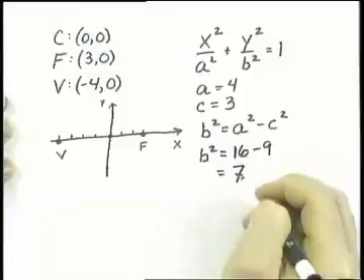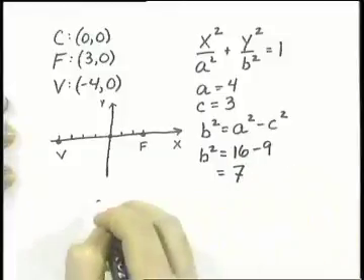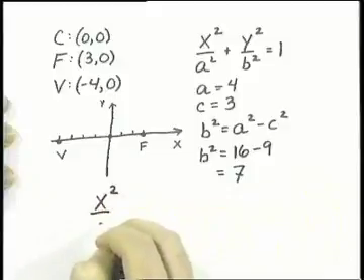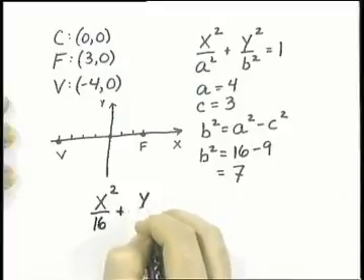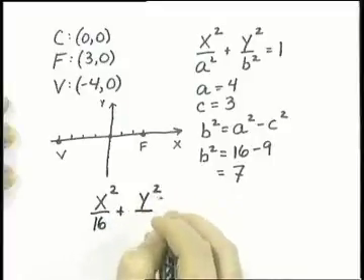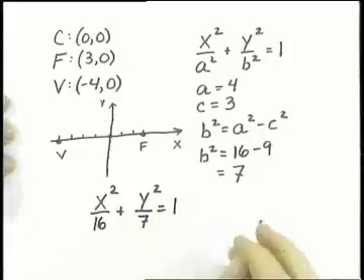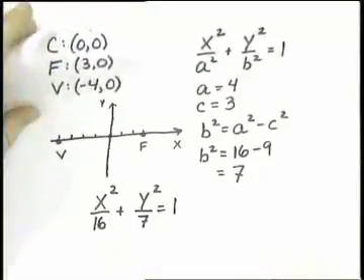So B squared is equal to 7. Therefore, the equation of the ellipse is x squared over a squared, which is 16, plus y squared over b squared, which is 7, equals 1. Now what we're going to do is graph the ellipse.